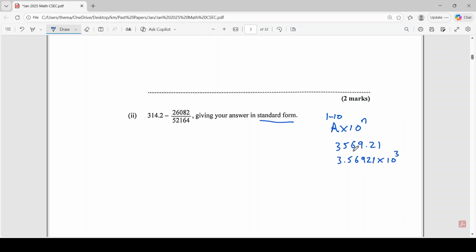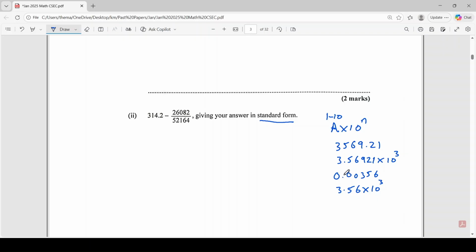Once you have a number greater than 1, or you're shifting the point to the left, the power is a positive number. If it's the other way around, say 0.00356 in standard form. We want to shift this between the 3 and the 5 to give us a number between 1 and 10. 3.56 by 10, 1, 2, 3 places.